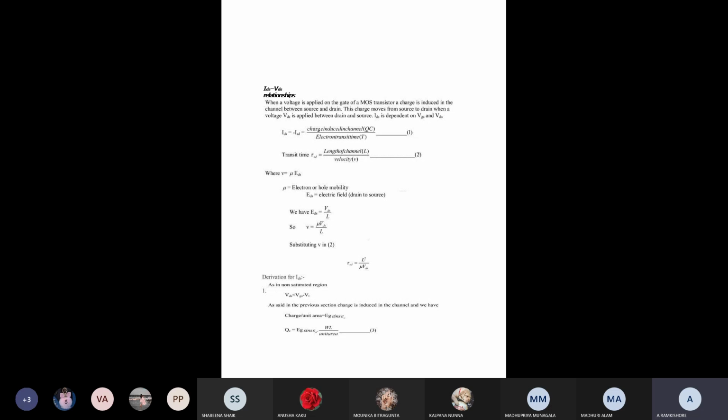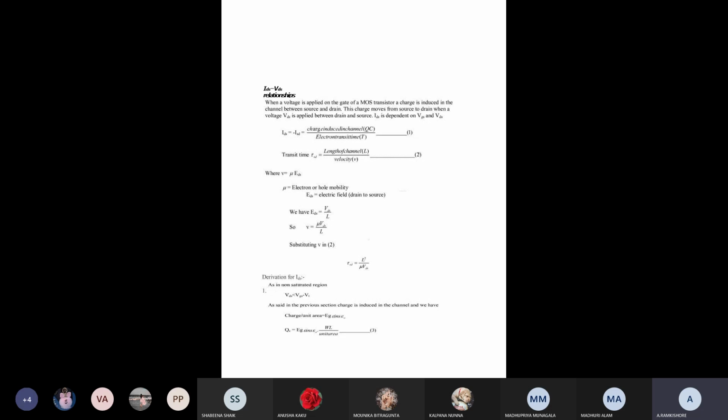The VDS voltage forms the IDS current within the device.